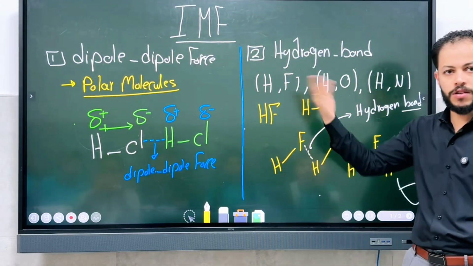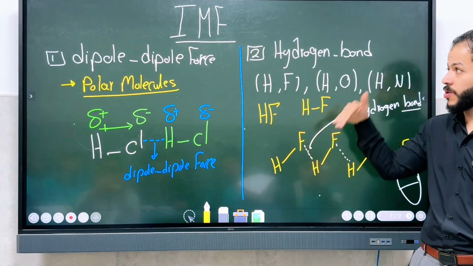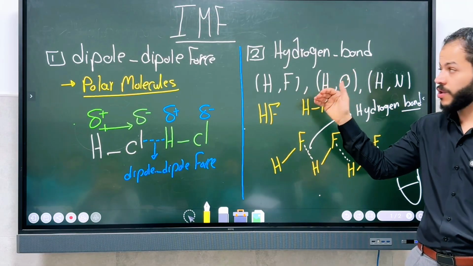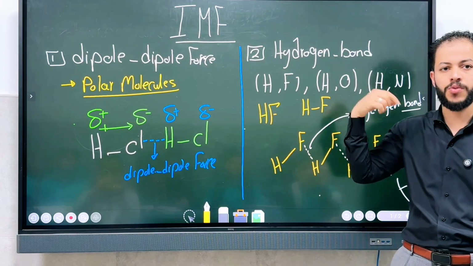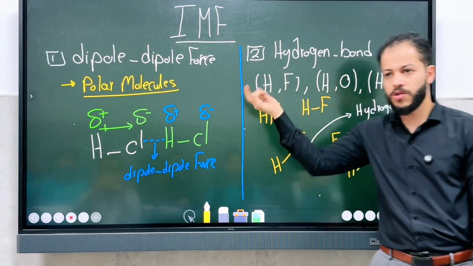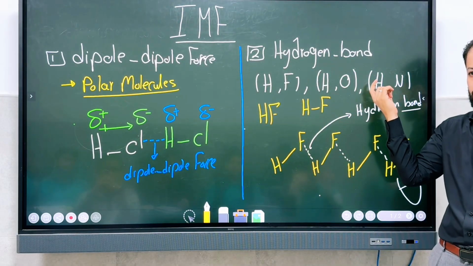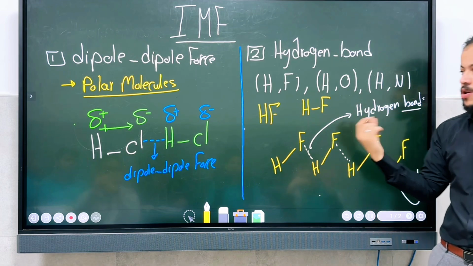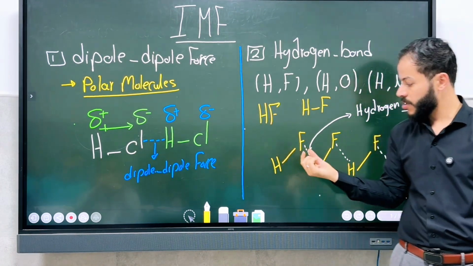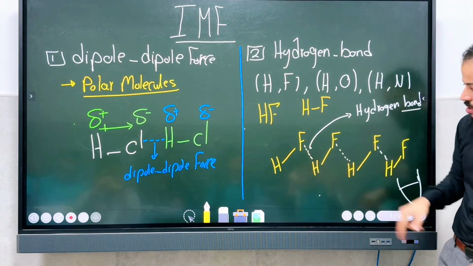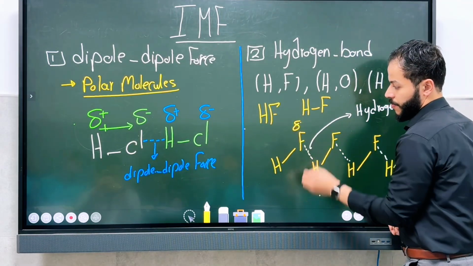The hydrogen bond is a type of dipole-dipole force, but we classify it separately because it's the strongest dipole-dipole force. And you could see that it happens between hydrogen and a certain atom. That's why we name it hydrogen bond: hydrogen with fluorine, hydrogen with oxygen, hydrogen with nitrogen. First, we take hydrogen and fluorine in hydrofluoric acid, and you could see that when they come near, this is the fluorine atom, it has a partial negative charge.